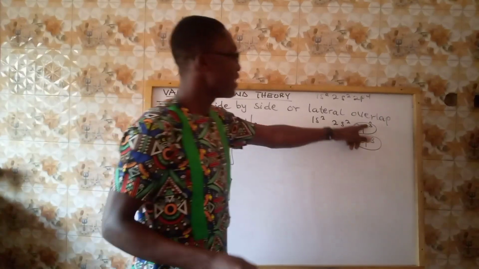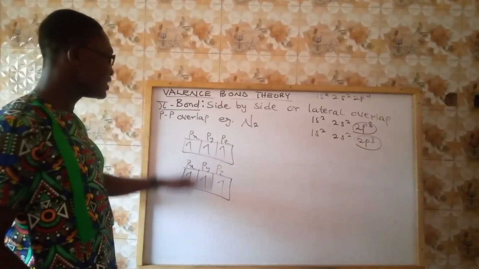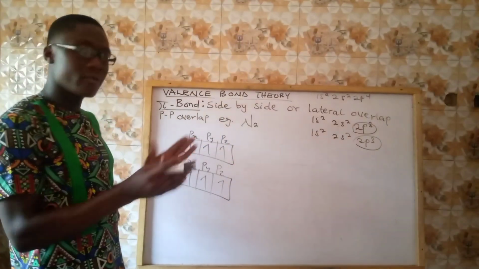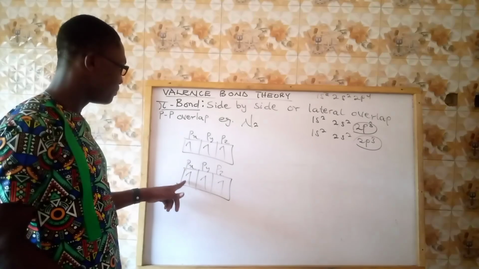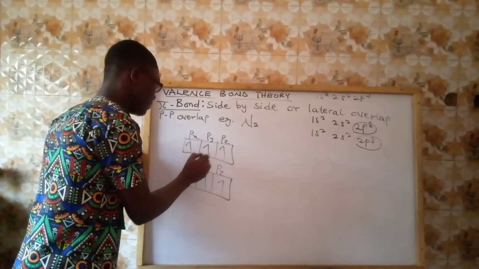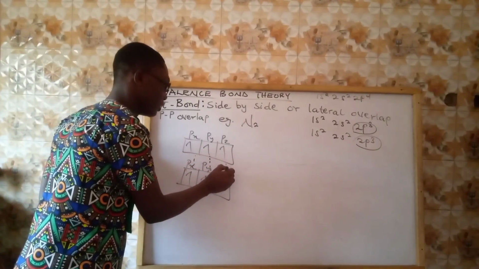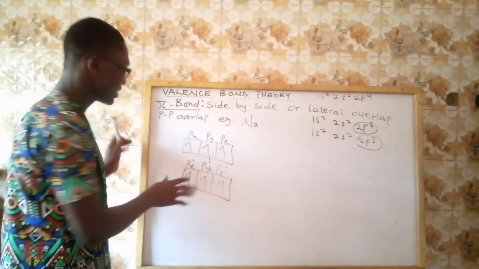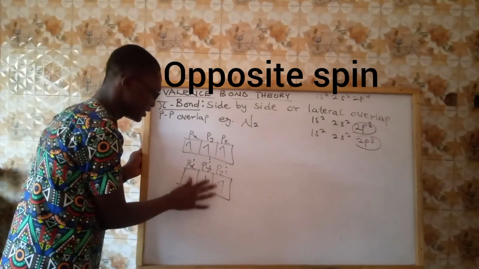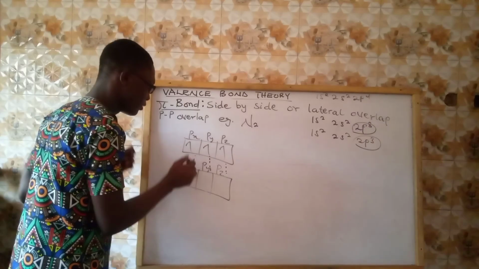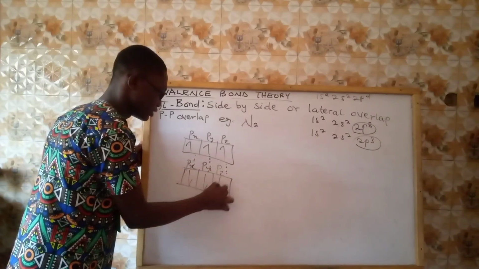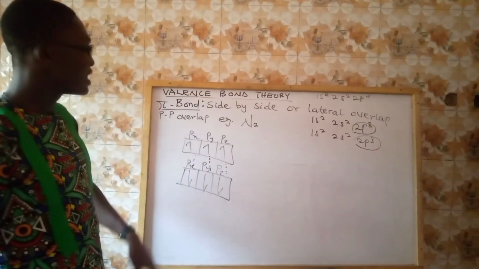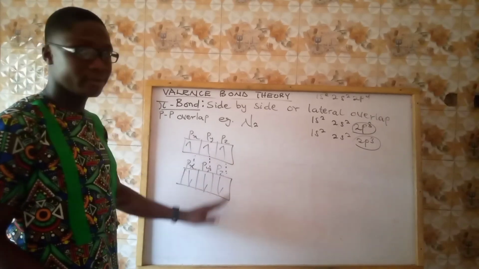So these are going to overlap. We have px and px overlapping, py overlaps with py, pz overlaps with pz. And for them to overlap, they must have opposite spins. Now they can overlap.